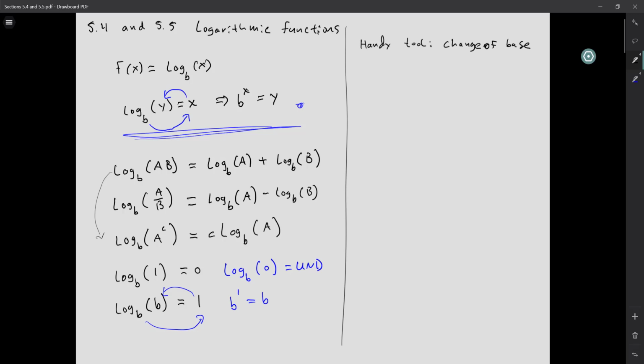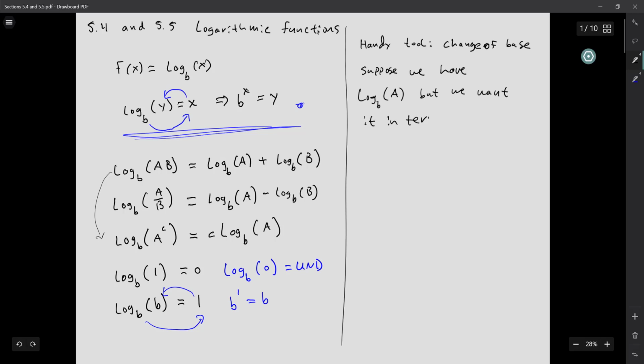Suppose we have a log base b of a, but we want it in terms of some other log. So we'll say log base c.